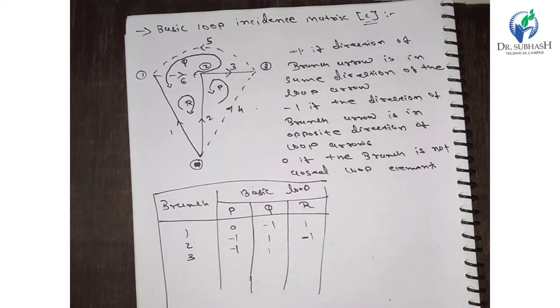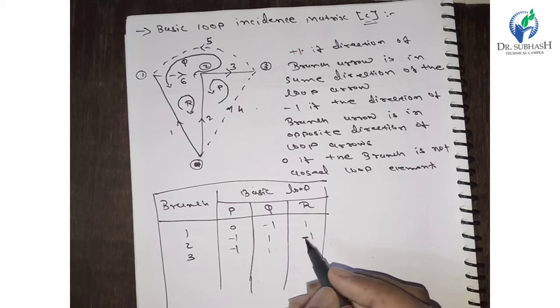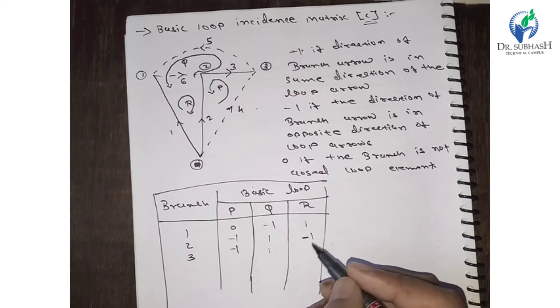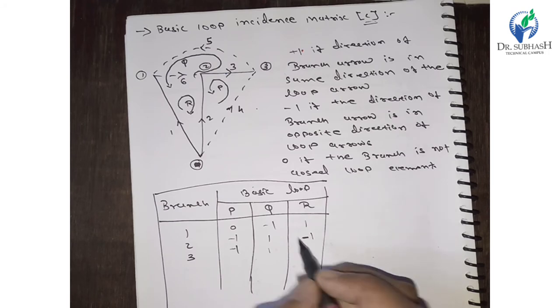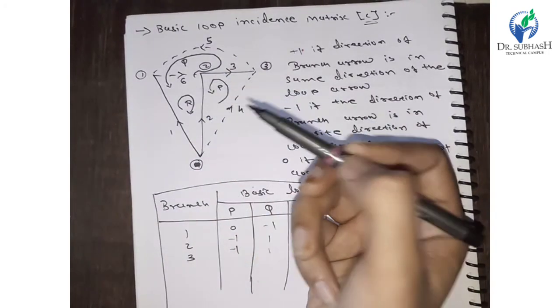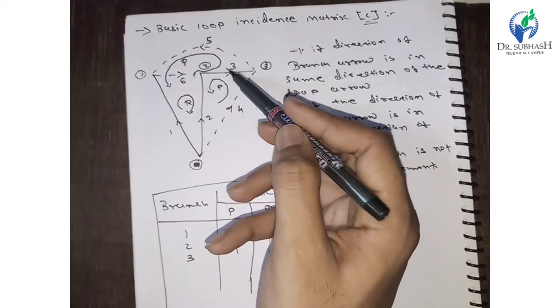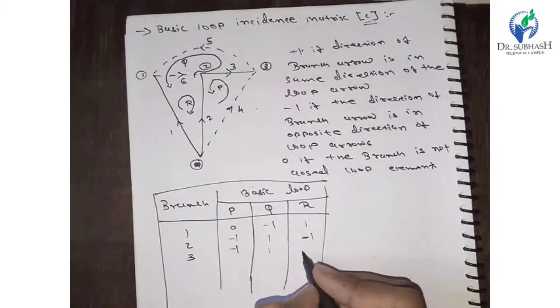Basic loop R has no connection with branch 3, so the value is 0.